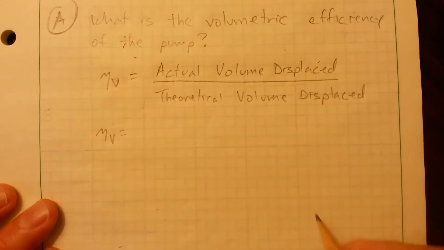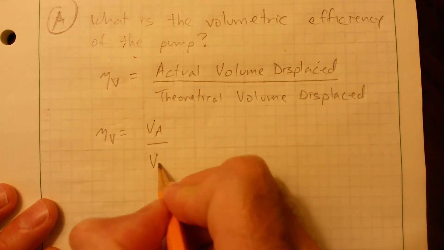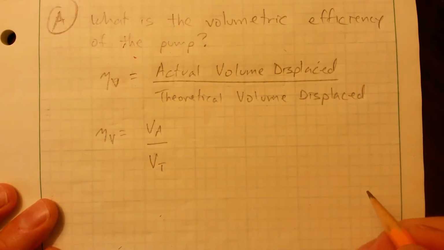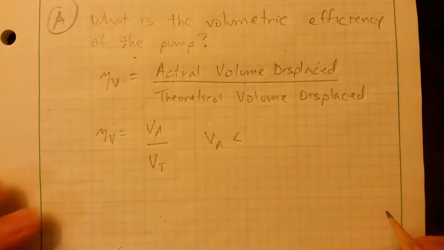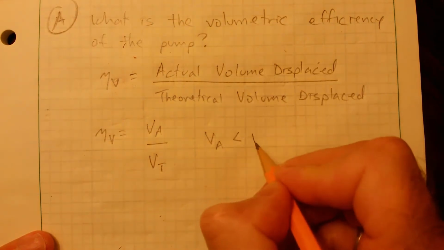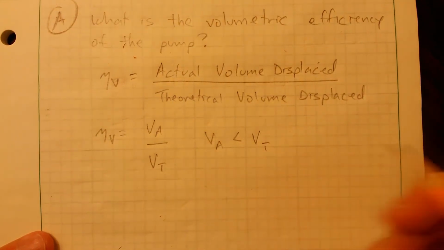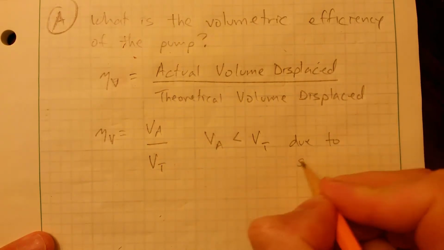So in terms of variables, eta sub V is V_A over V_T, the actual over theoretical volume. And the reason the efficiency is never going to be bigger than 1 is that the actual volume is always going to be less than the theoretical volume in a real pump due to seepage.